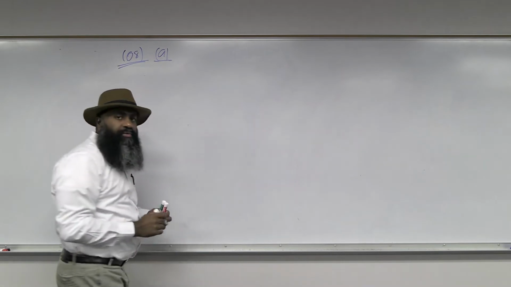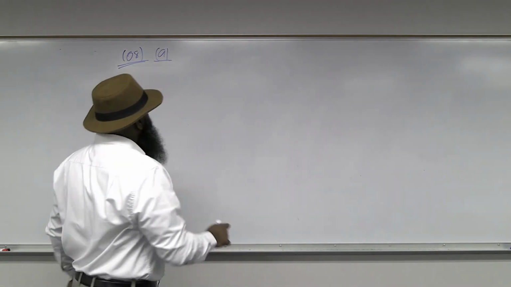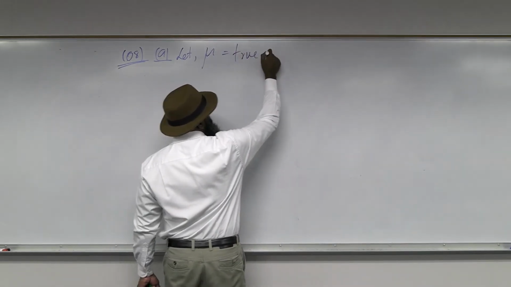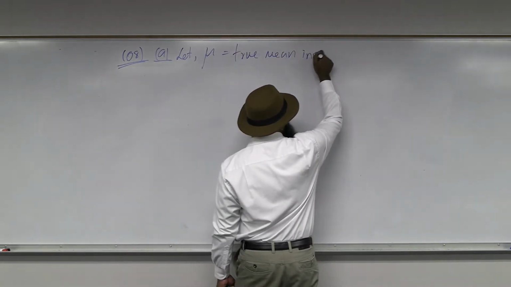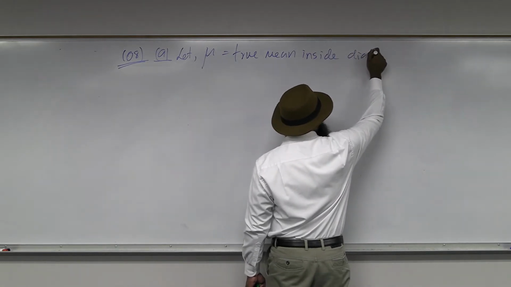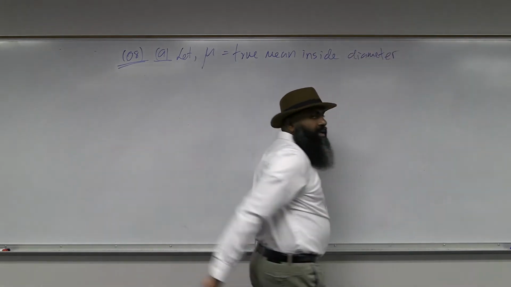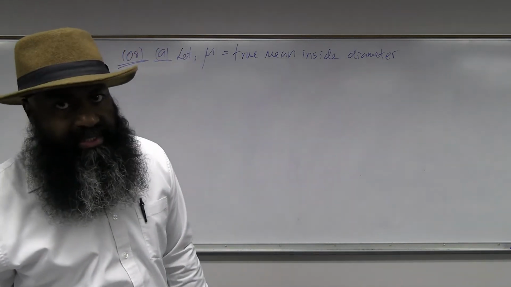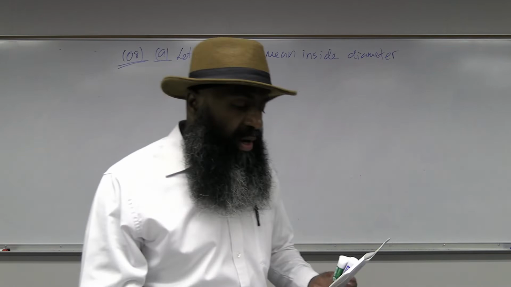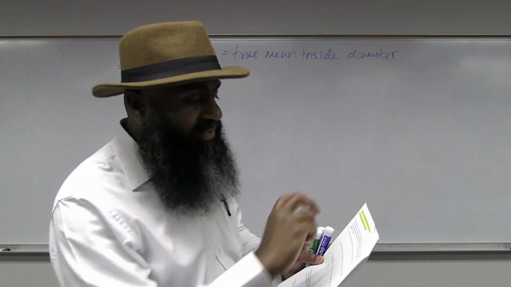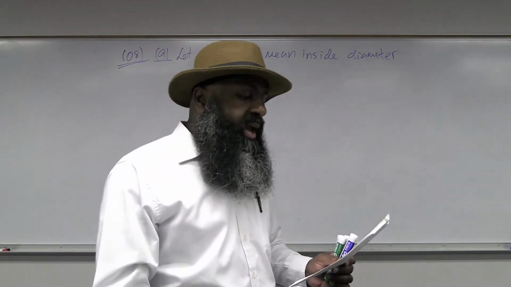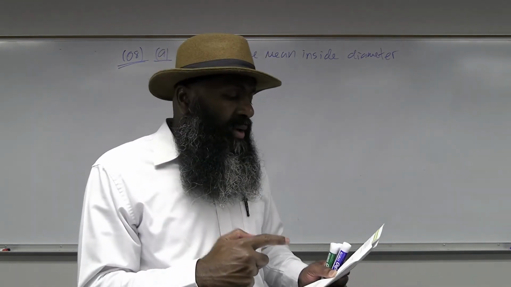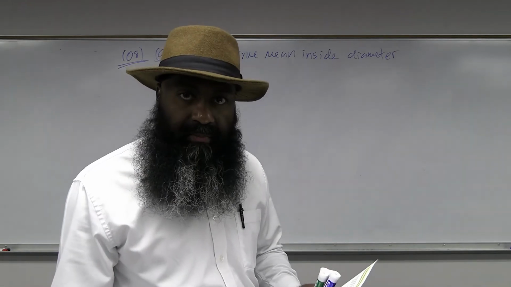I have to first define mu. Okay? So I'm going to let mu be the true mean inside diameter of the type of bearings given. Then I need to write down the null and alternative hypothesis. So if you read carefully, the last sentence of that first paragraph says, you need to test if the true mean diameter is different from 1.5 inches.